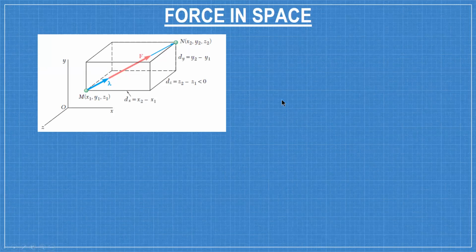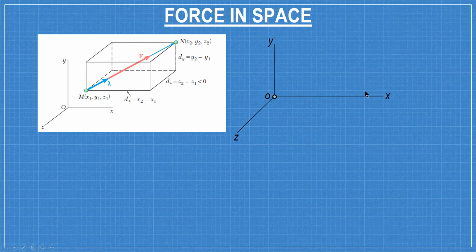Now, I tried to modify it so that we no longer need dx, dy, and dz. What I'm trying to do is transfer the initial point, or the tail of the force, to the origin, so that instead of x1, y1, z1, it is 0, 0, 0. Like this one.